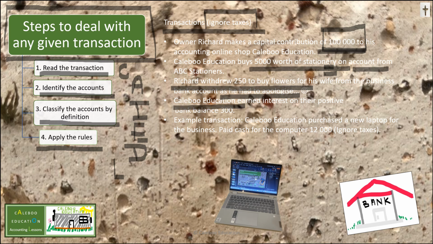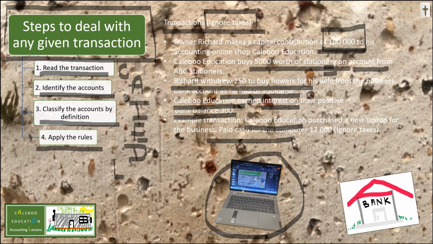Our business that we're doing the books for, Calibu Education, earns interest on a positive bank balance. And then the last transaction that we will deal with is Calibu Education purchased a new laptop for the business.